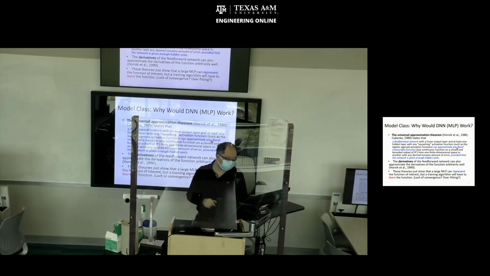Because in the end, it's determined by the data and the training algorithm. It's an algorithm that learns the function. The model class is covering or representing the function of interest, but in the end you need to learn the function, and the optimizer has to operate on the loss function, minimizing it given the data.